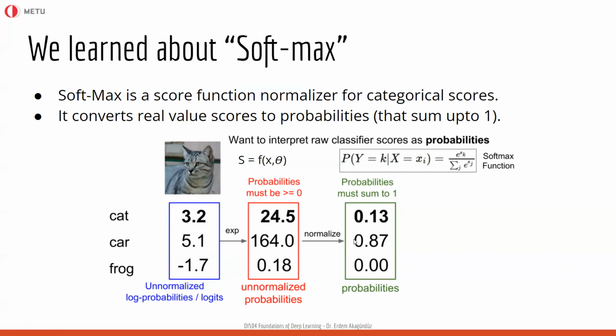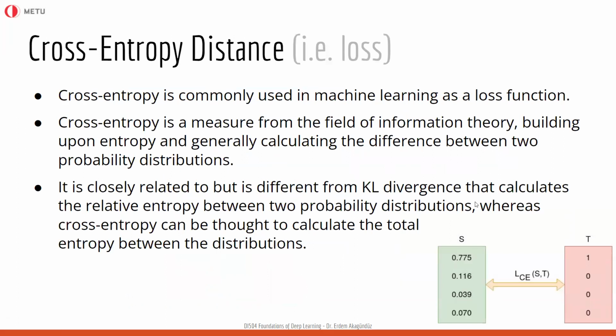Well, I'd say definitely this score function is not working correctly because calling this picture 87% car is not correct. I mean, the best score function would say this is 100% cat and 0% others. That is what the ground truth was, remember? And for a multi-class classification task, the ground truth was such.